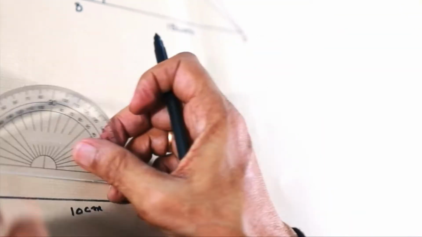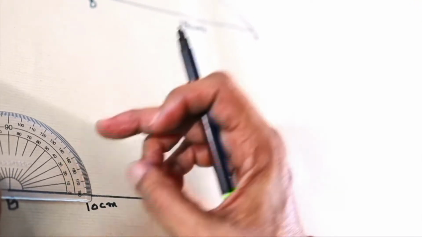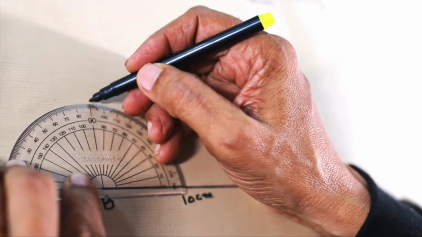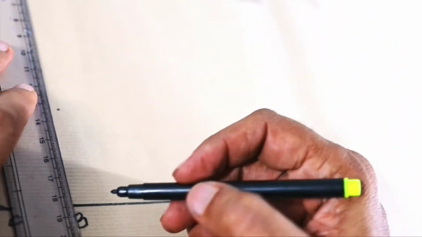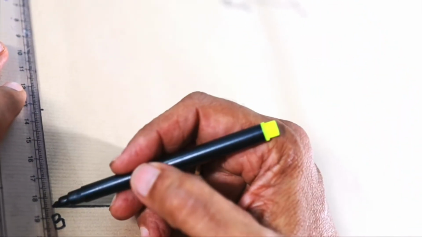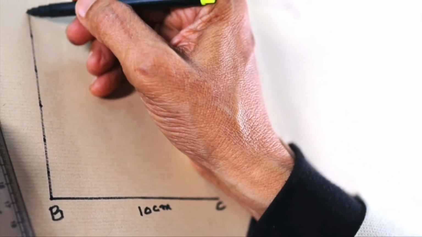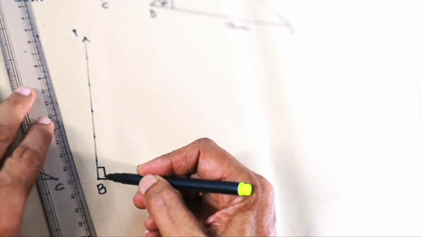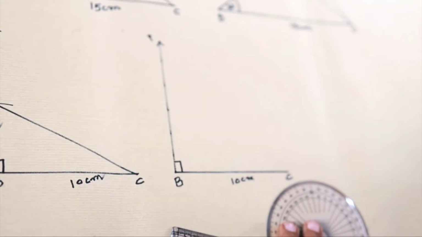Now once again take the protractor, keep it exactly on the base BC at the point B, mark an angle of 90 degrees. Join these 2 points in order to get a right angle. Call this as ray BP. This angle is 90.